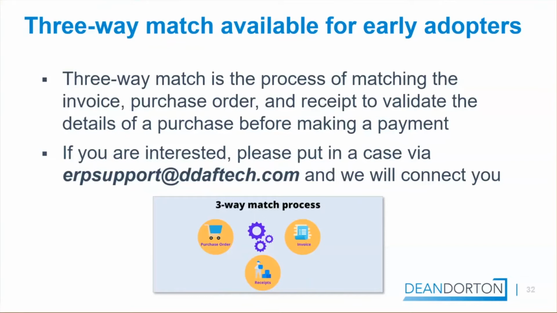That's more traditional distribution type functionality that Sage Intacct is adding into the system and making these processes in Intacct even more user-friendly, even more automated than they were before. So lots of checks and balances and automation type technologies inside the three-way match.